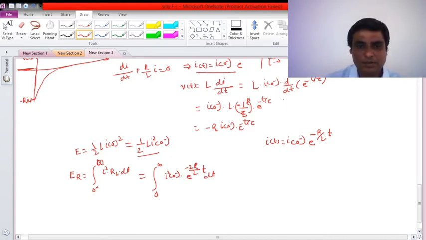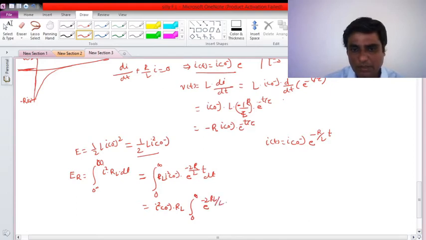Okay, and if I solve this, RL I have missed here, so I square 0 negative into RL will be outside of the integration. So this is the integral from 0 to infinity of e raised to minus 2 RL by L t dt, and this is very simple. What is its integration?